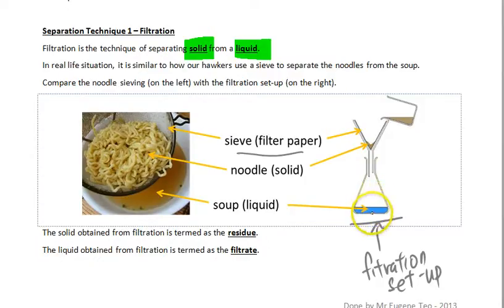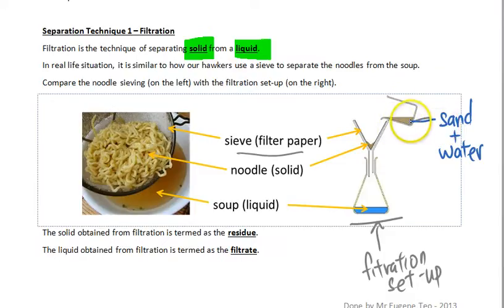So this is a very simple thing, okay? Like for example, maybe this is our sand and water. So when the sand and water is mixed together, you know that the sand doesn't dissolve in the water. You got a solid and a liquid, and they don't mix. They don't really combine together.